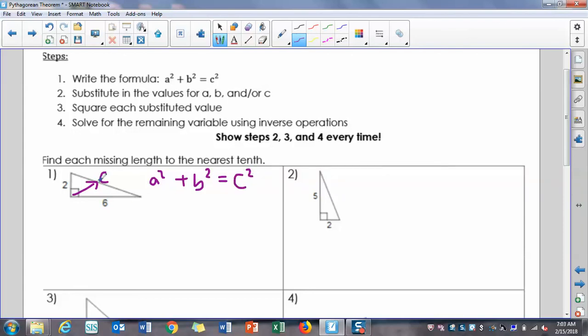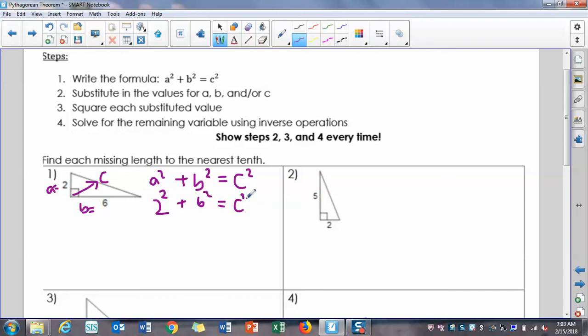Again, we don't know what c is, so we're going to say a is equal to 2 and b is equal to 6. And again, it doesn't really matter which one is a and which one's b, as long as we know that c is the longest one. So here we're going to have 2 squared plus 6 squared, and see what c squared is going to be.